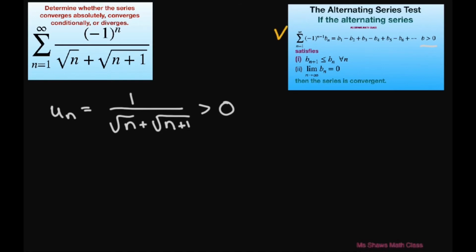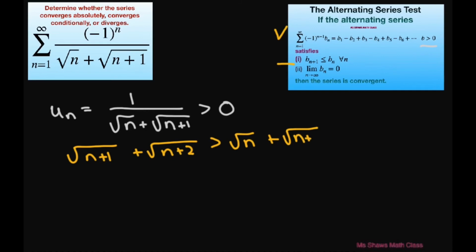We'll let u sub n equal 1 divided by square root of n plus square root of n plus 1. And this is going to be positive because of our square roots there. So that checks. Now we have to check and see if it's decreasing. So let's look at this. We have square root of n plus 1 plus the square root of n plus 2 is greater than square root of n plus square root of n plus 1.